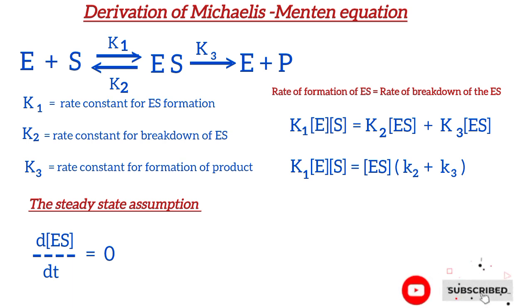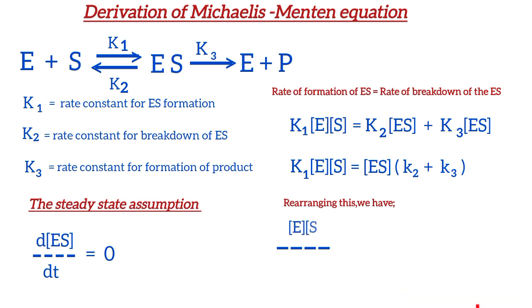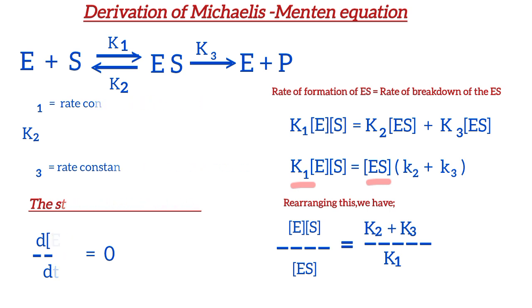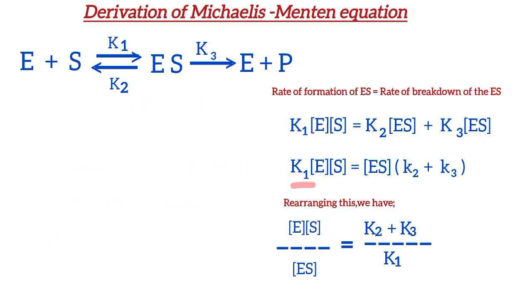Now, when we rearrange this equation, we have the concentration of the enzyme times the concentration of the substrate over the concentration of the enzyme-substrate complex is equal to K2 plus K3 over K1. What we simply did here was to bring this K1 down and also bring the ES down. Now, let's take this as our equation 1.